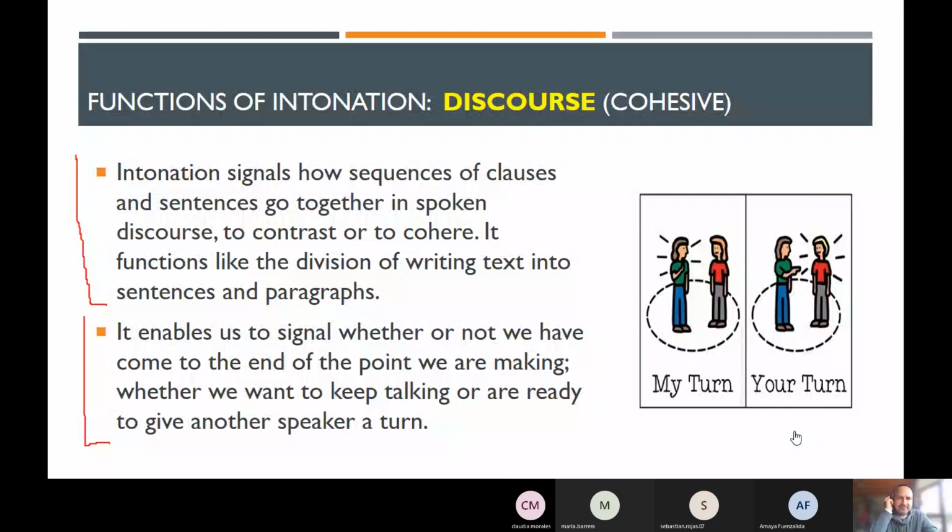Excellent. Thank you, Sebastian. The idea here is that through intonation, specifically with this function of cohesion to topic, intonation can help you show the listener that you're changing the topic.